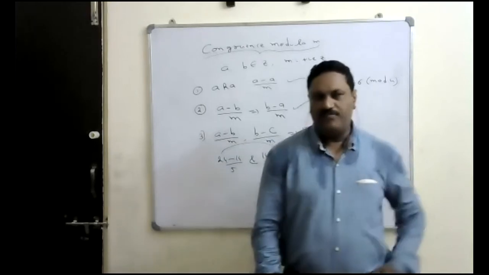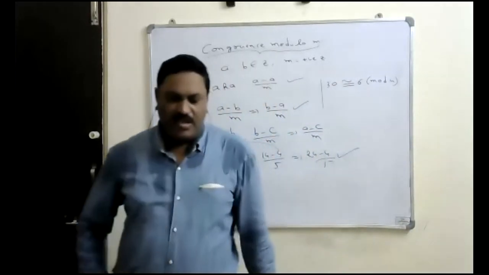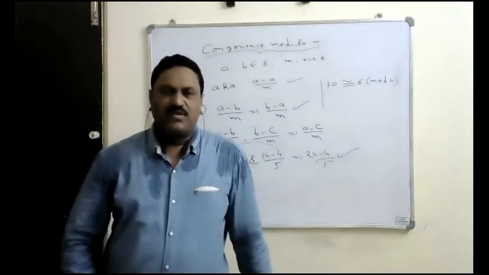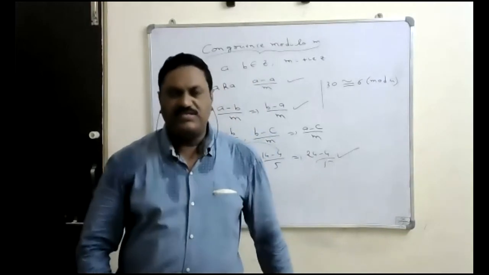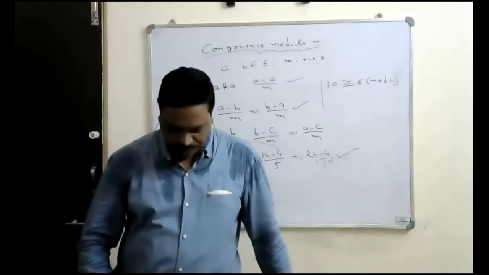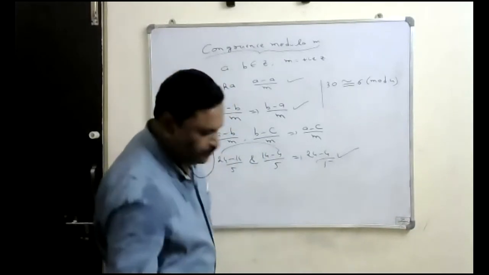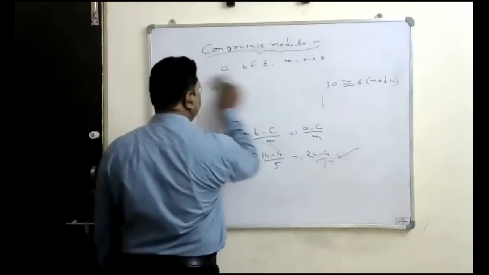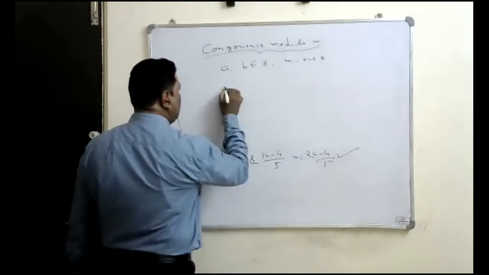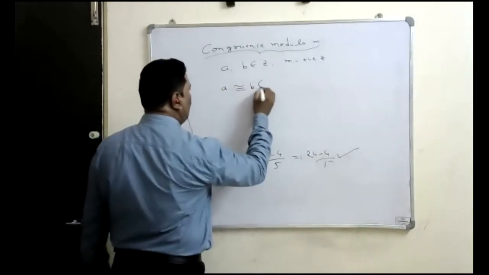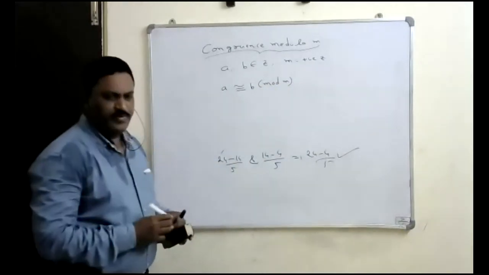If a minus b is divisible by m, it can be written as a is congruent to b of mod m.